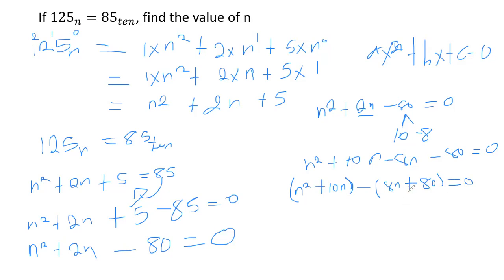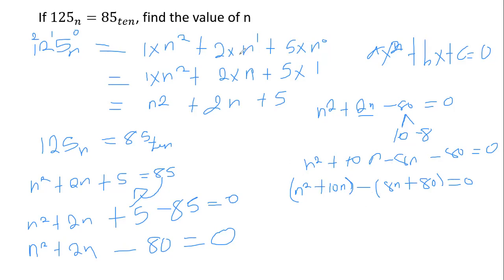This positive comes in because we have a negative outside. When we open the brackets again, negative times positive still gives us a negative, as we have in the original equation.